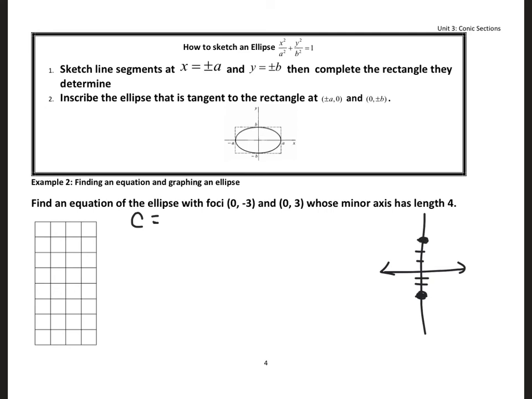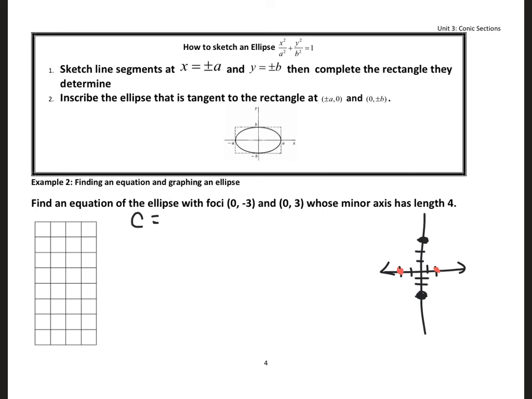And then what else do we know? The minor axis has a length of 4. So that means from one edge to the other, that is 4.